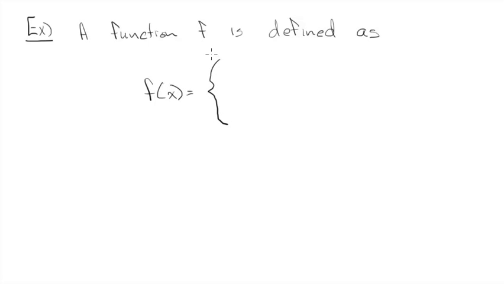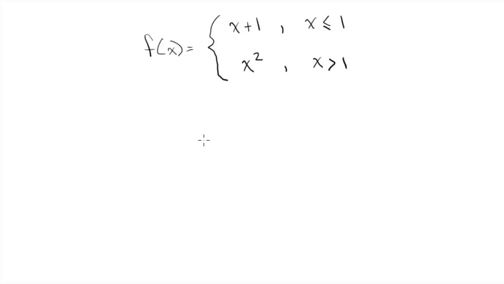When we do piecewise functions, we put this big bracket: x plus 1 for x less than or equal to 1, and x squared for x bigger than 1. So we have a linear piece and a quadratic piece, but it could be any equation or any type of function you want. You could have a trig piece, an exponential piece, any type of function you know, or even ones you don't know, but obviously we'll stick to the ones you know for now.